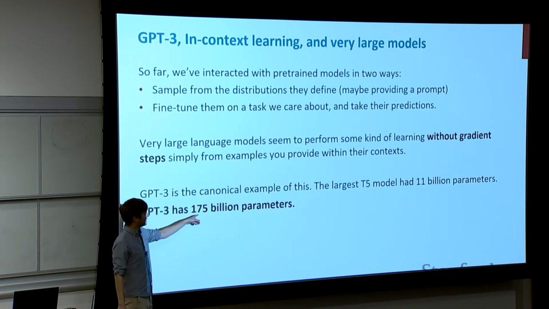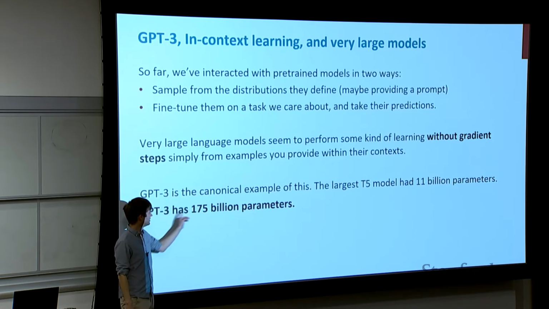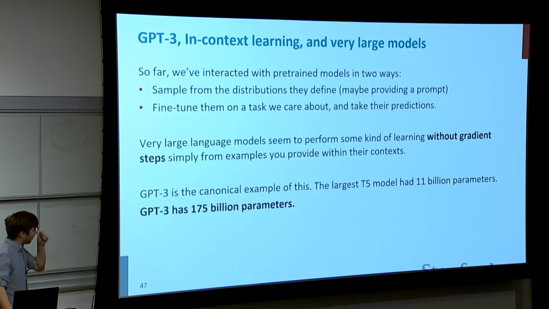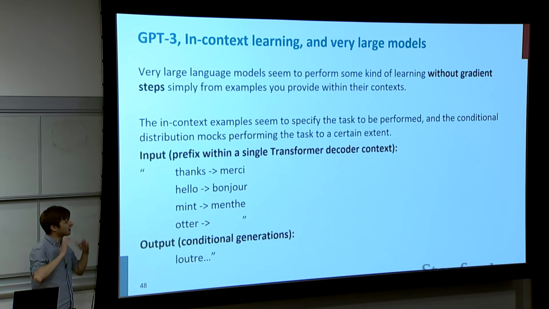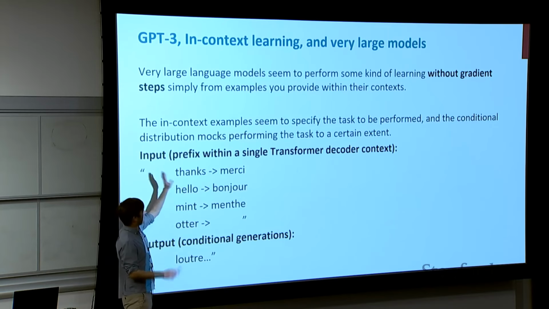GPT-3 is much larger than GPT-2. We went from GPT at 100-ish million parameters, to GPT-2 at 1.5 billion, to GPT-3 at 175 billion, trained on 300 billion words of text. And this notion of in-context learning, that it could figure out patterns in the example it's currently seeing and continue the pattern, is called in-context learning.